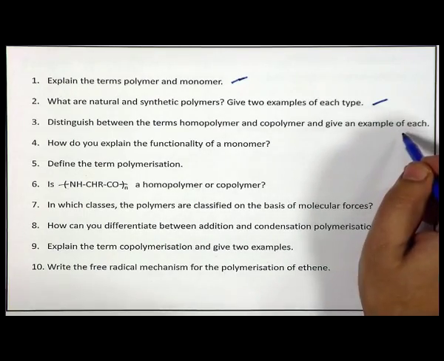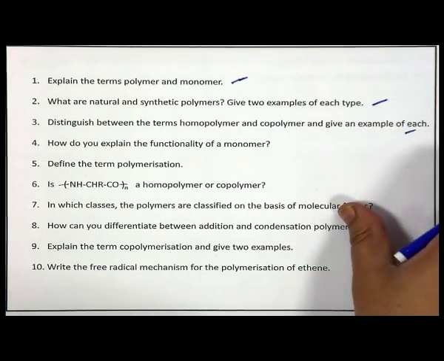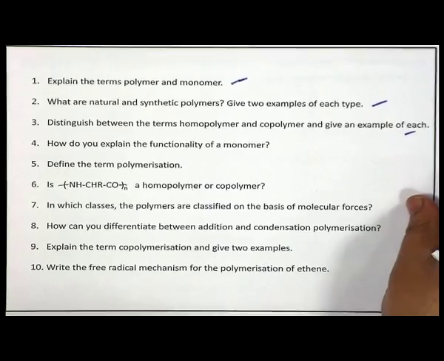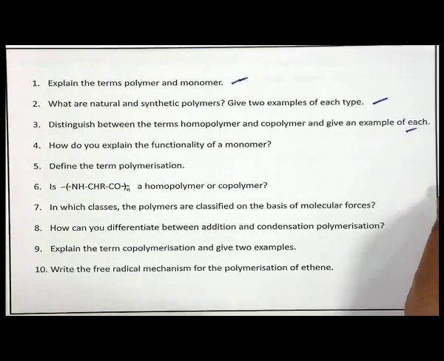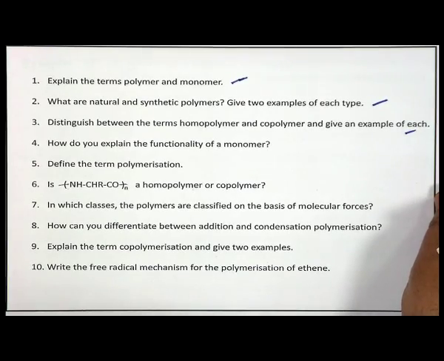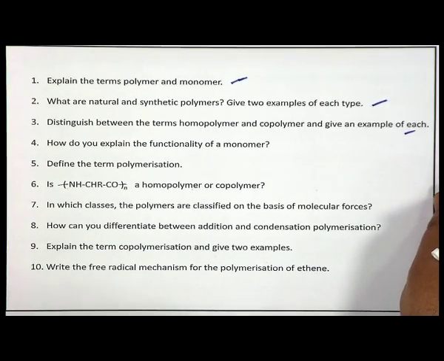We talked in detail about what a homopolymer is and what a copolymer is. A homopolymer is formed when the polymer is made from monomers that are individually capable of forming homopolymers themselves.